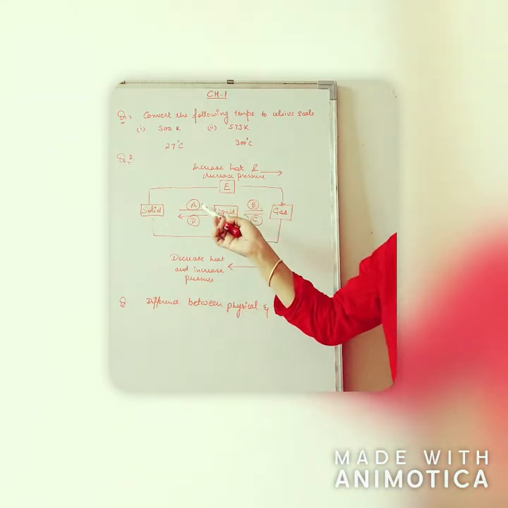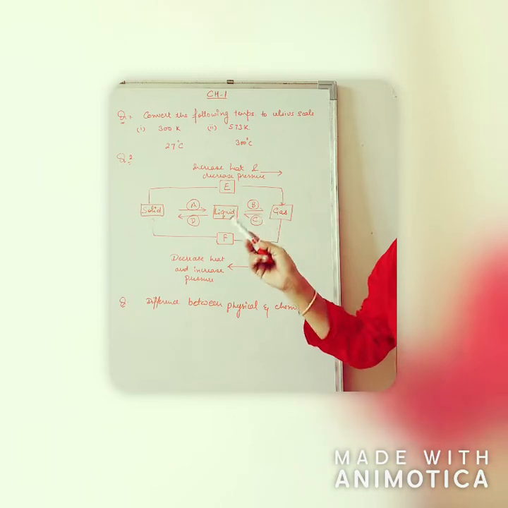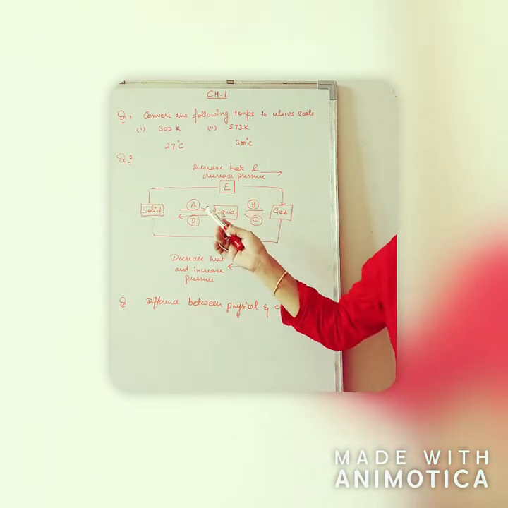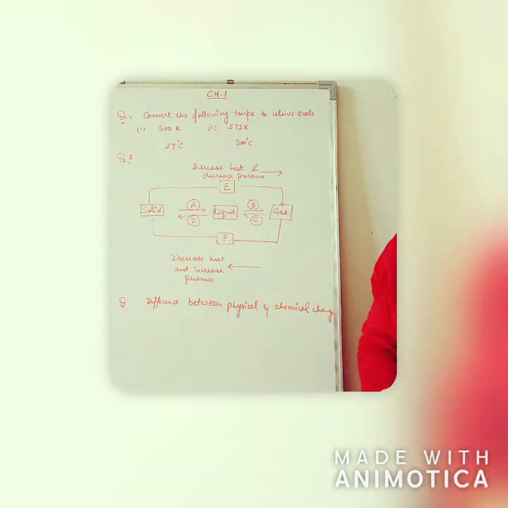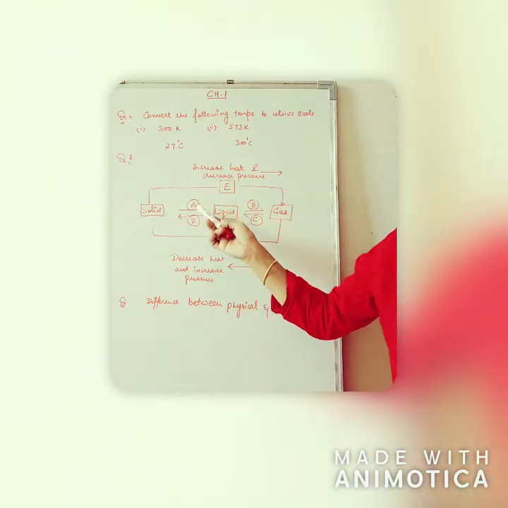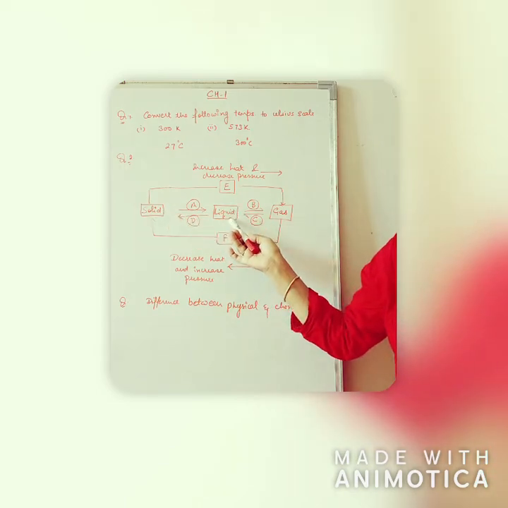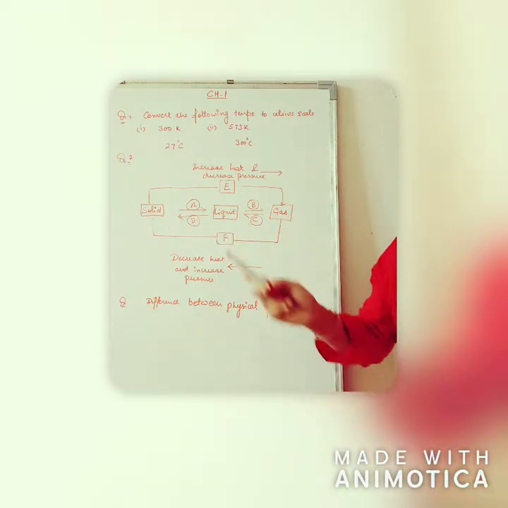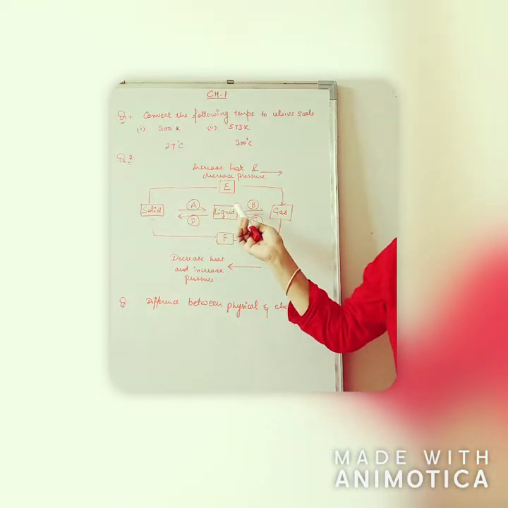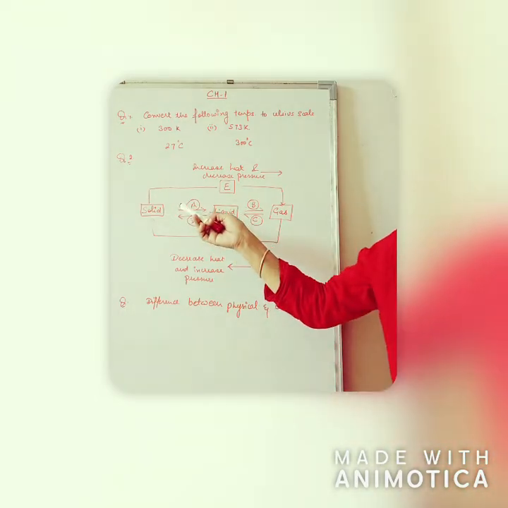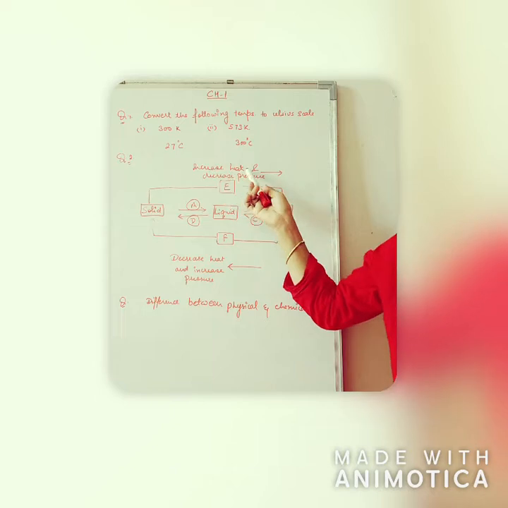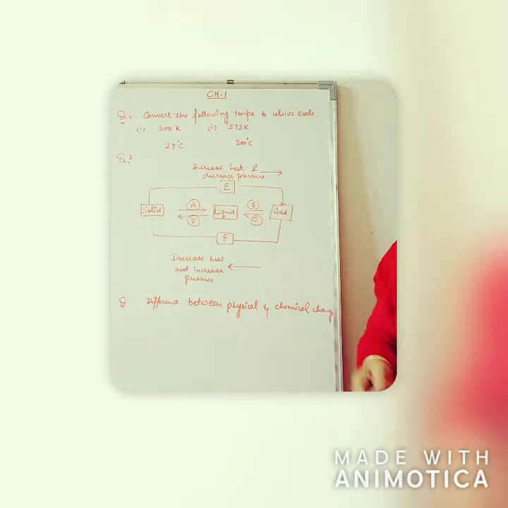Now go for the first one. You have to find out the name of each and every part, what the process is actually called. In the first one, A, solid is converting into liquid. This is happening because the arrow is in this direction, that means at a high temperature and low pressure.